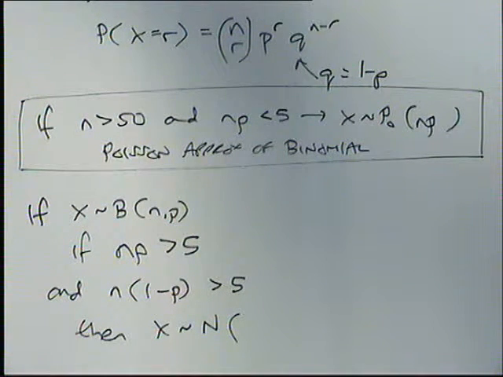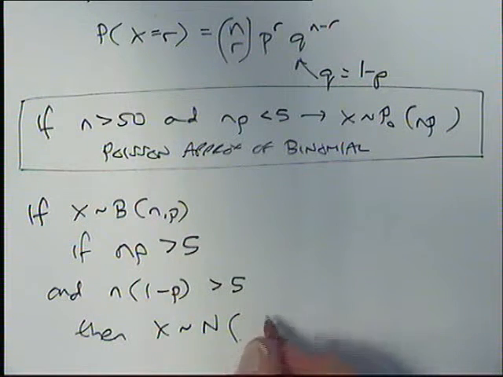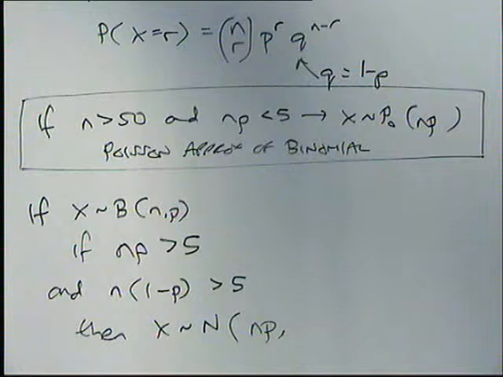What is the first thing that always goes in the bracket for a normal distribution? The average, or mean. What is the mean of the binomial? I didn't actually write it down earlier, but what is the mean of the binomial? np. So that will go there. What is the second thing that we write down in the normal bracket?